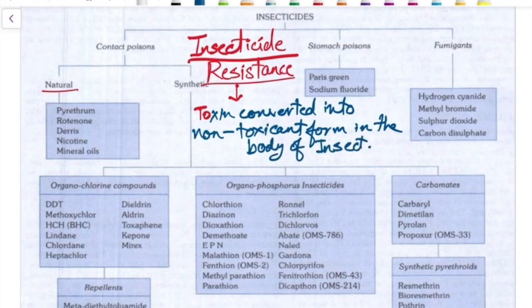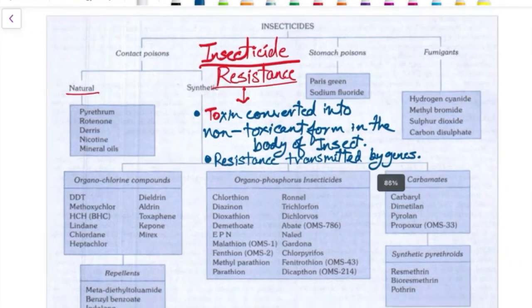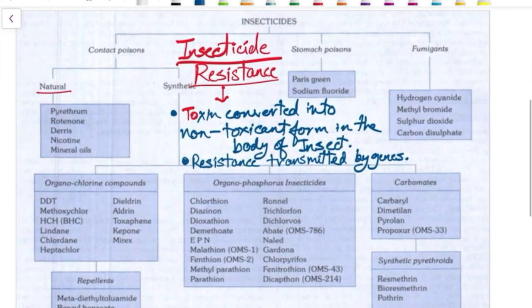It is a biochemical factor and a genetic factor. It can be due to resistance transmitted by gene. And insecticide resistance occurs due to certain insecticides like organochlorine compounds.